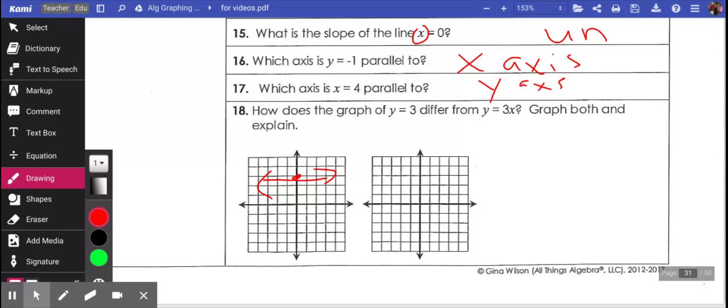And y equals 3x, 0 is your starting point. We're going to go up 3 over 1, down 3 over 1. So one of them has a slope. Y equals 3, the slope is 0. 0 slope. And here the slope is 3.